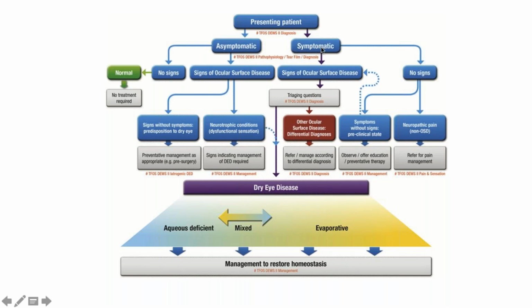Sometimes they could have signs, sometimes they could have no signs, which means there would be no staining, there could be no tear breakup time, but they would have some discomfort which they would be complaining of. If they have no signs with symptoms, then there is a possibility that it's a neuropathic pain, and that could be one reason why they could have the dry eye symptoms.